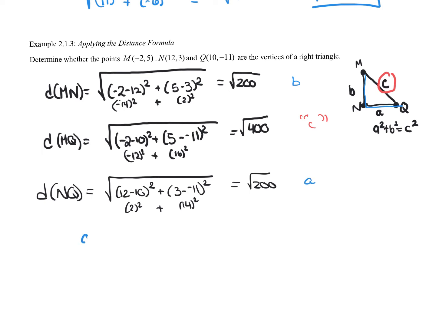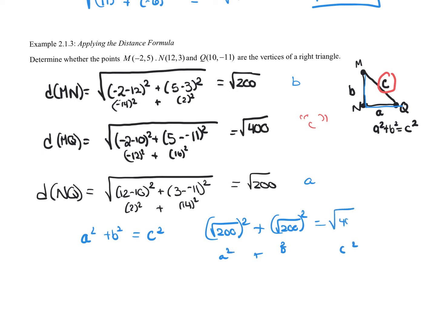So we know if this is truly a right triangle that A squared plus B squared has to equal C squared. So square root of 200 squared plus square root of 200 squared, which is my A and my B, has to equal my C squared, which is square root of 400 squared.